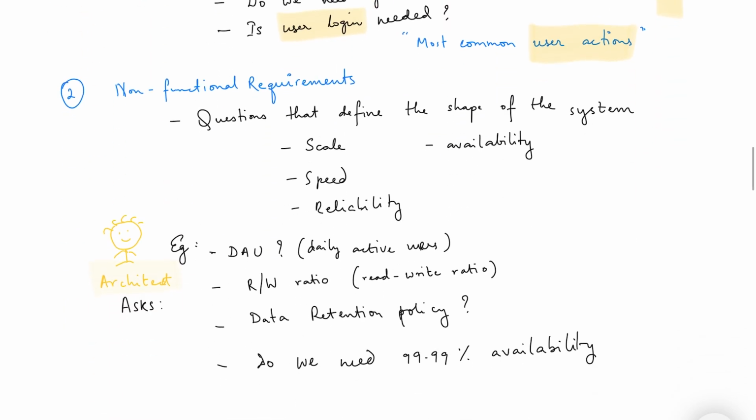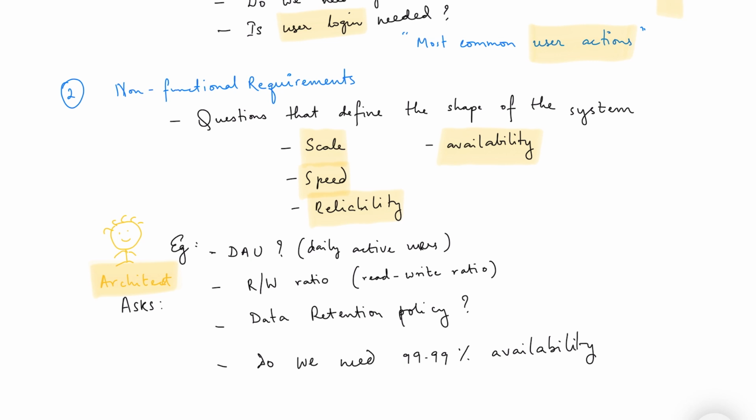It will tell you the scale of the system, what kind of speed, and what kind of reliability and availability we are looking for in this system.